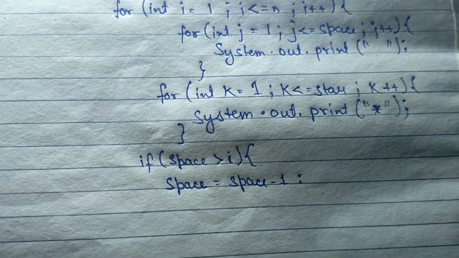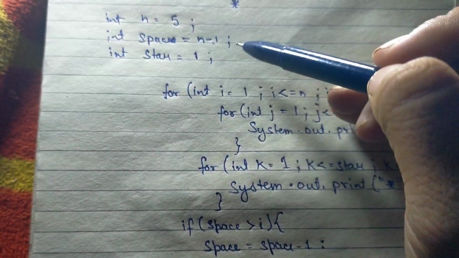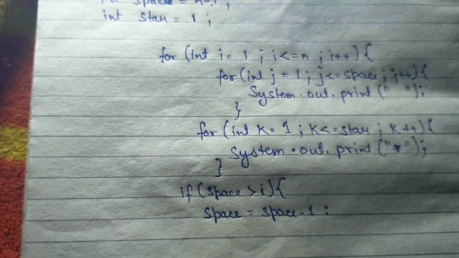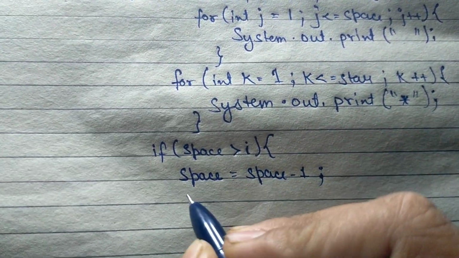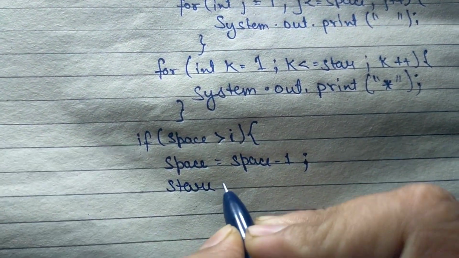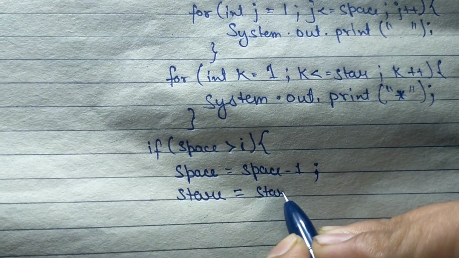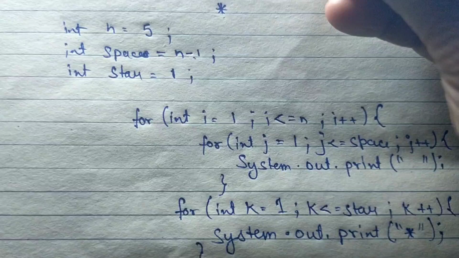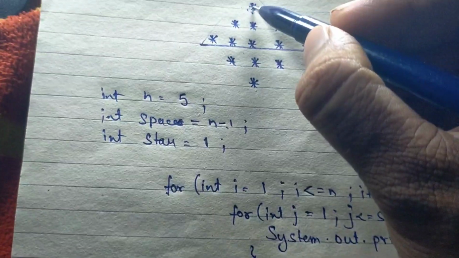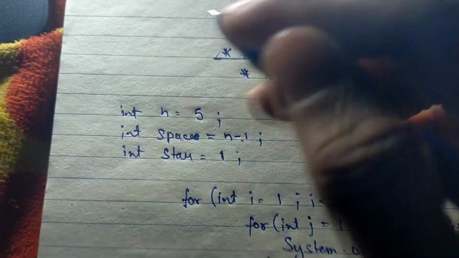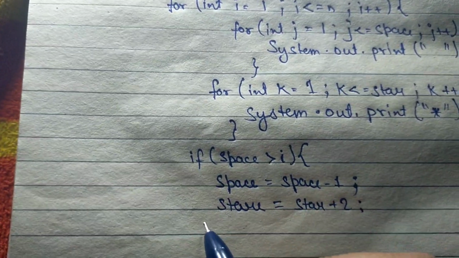If 5, then space minus 1 minus 1, so 5 minus 2 is 3. There are 3 spaces, then 2, then 1. And star is equal to star plus 2, because every time the star increases by 2. Just for 1, then 1 plus 2 is 3, then 3 plus 2 is 5. So that's how we are printing stars.